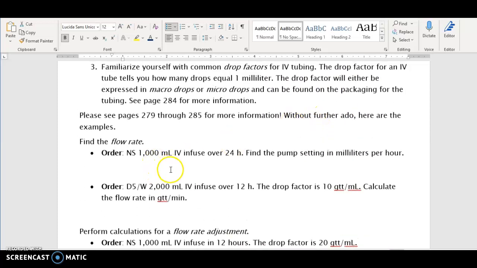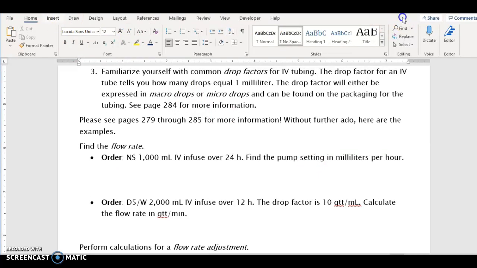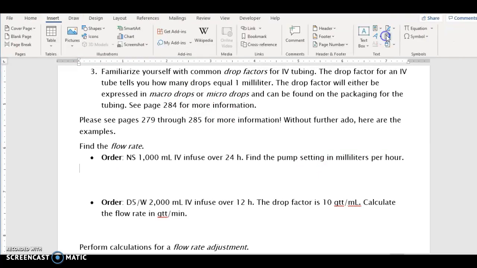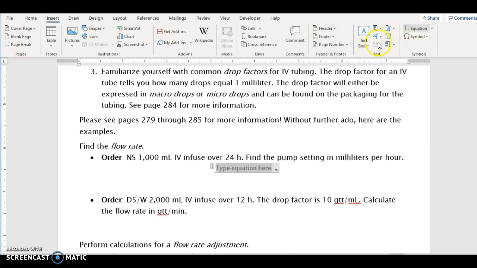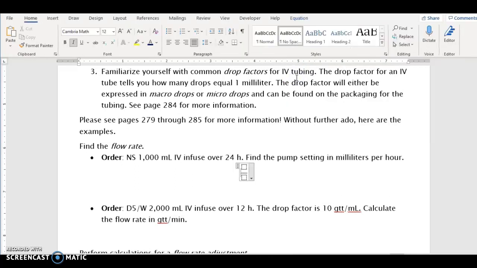For some of the examples in the homework, you're going to be asked to calculate the flow rate. The basic formula for flow rate is as follows: the flow rate is equal to volume divided by time.